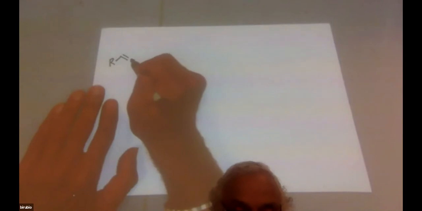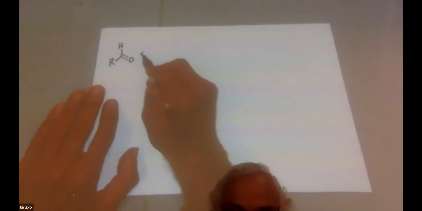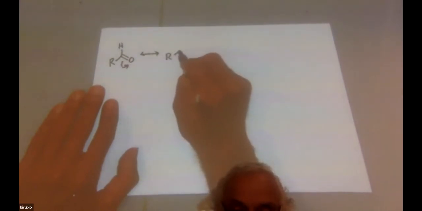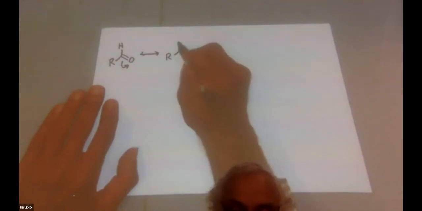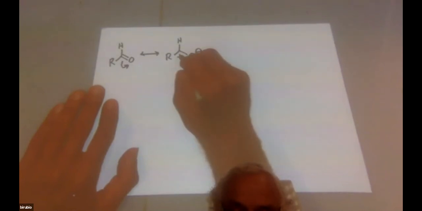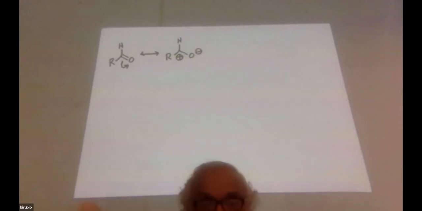All right, so picking up where we left off, right now we have this aldehyde. We know that we can write a resonance structure for an aldehyde that puts negative charge on the oxygen and positive charge on the carbon. And so what this is saying is that the carbon of an aldehyde is an electrophile.